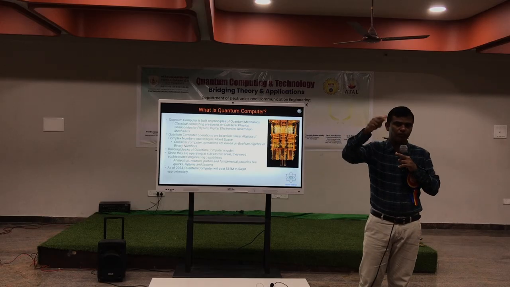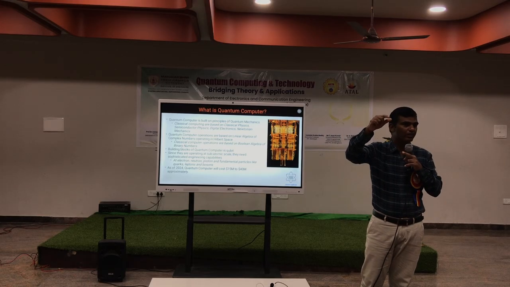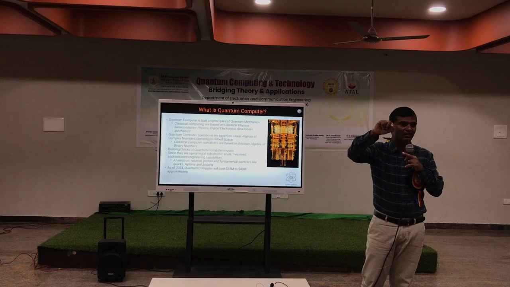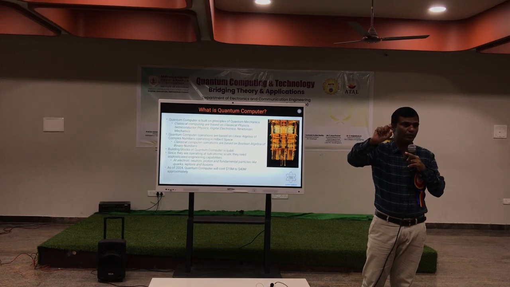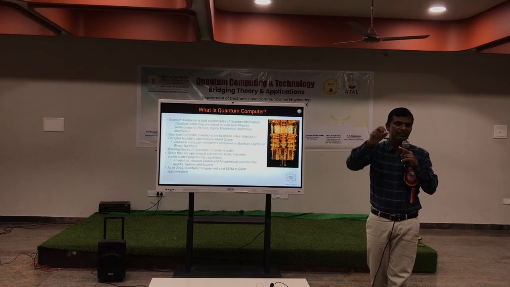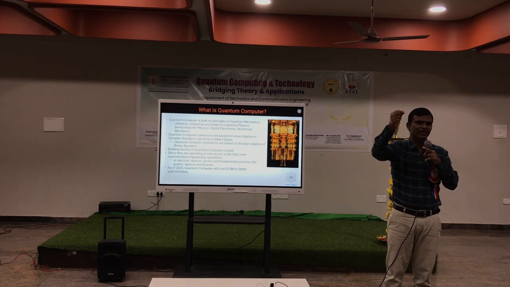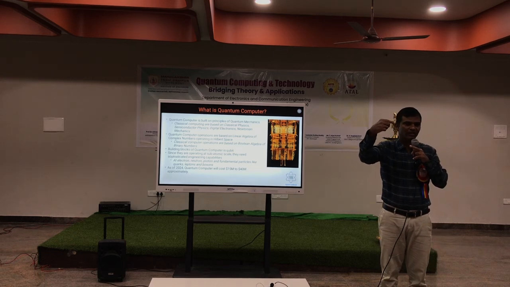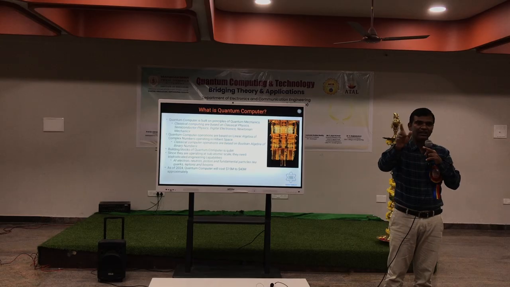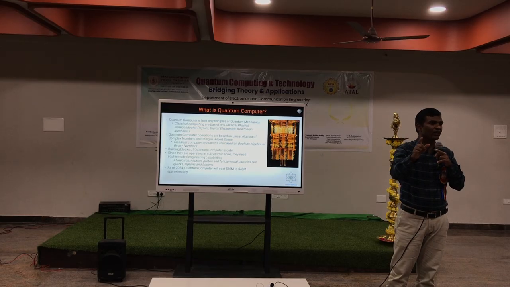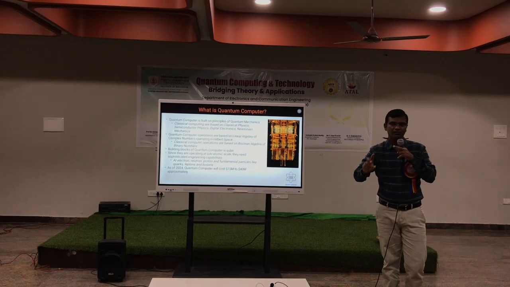Whatever the position exhibited by the coin in the air is called the superposition. That means at every point of time when the coin is spinning, it can exhibit as a combination of head and tail. That is called the superposition.